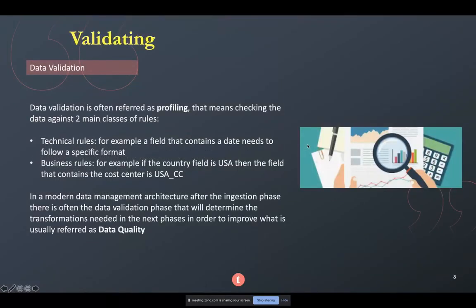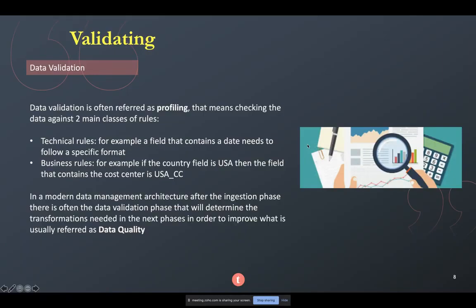The second part is the validation. When we talk about validation, we are talking about profiling data. That means checking the data against two main classes of rules. Rules that can be technical rules.